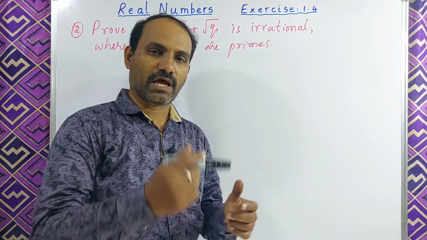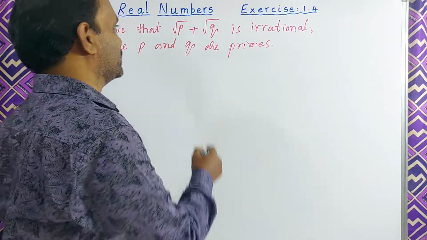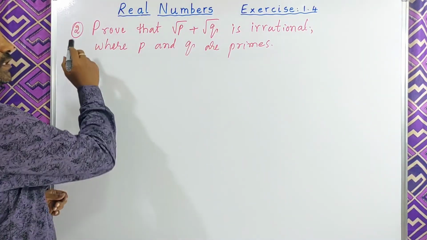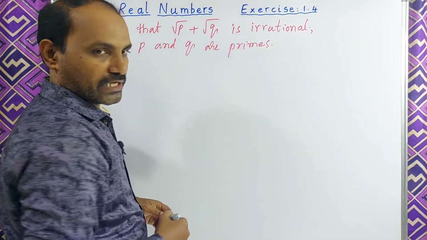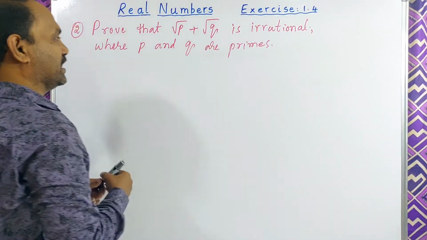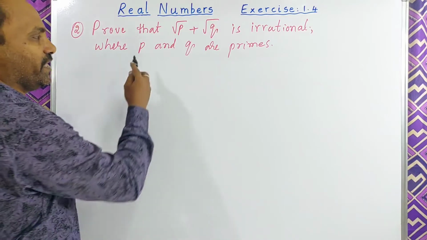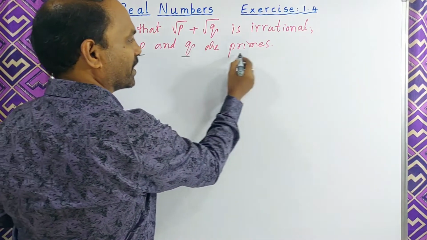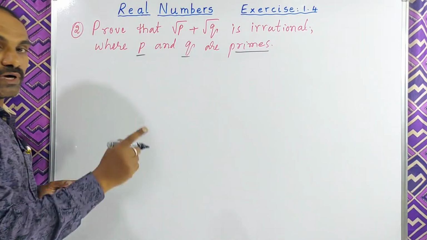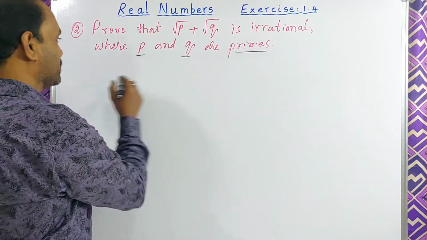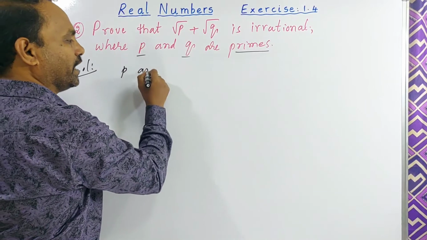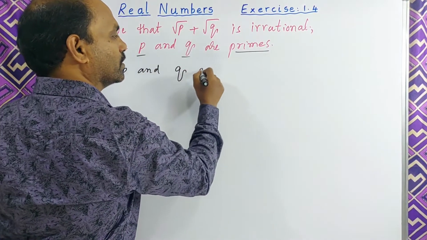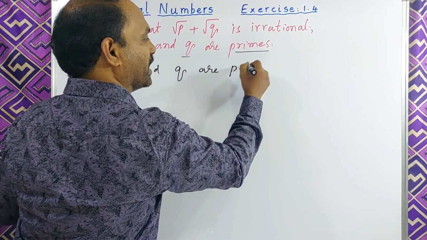Yes students, the last question, means the second question in this exercise 1.4. Prove that root p plus root q is irrational, where p and q are primes. p and q are prime numbers, remember that. Solution: p and q are primes.